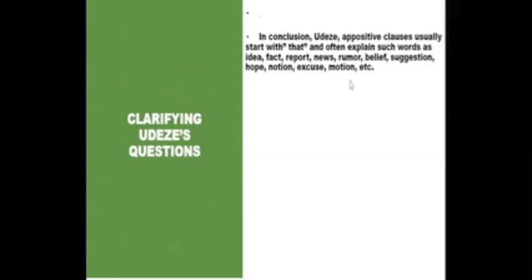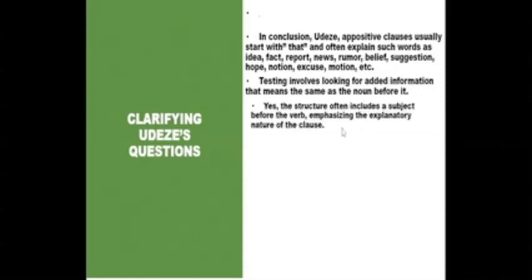In conclusion, Udeze, appositive clauses usually start with that and often explain such words as idea, fact, report, news, rumor, belief, suggestion, hope, notion, excuse, motion, etc. Now, testing involves looking for added information that means the same as the noun before it, just as we have already explained.